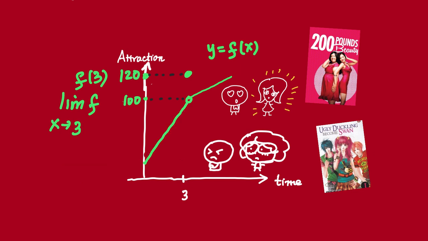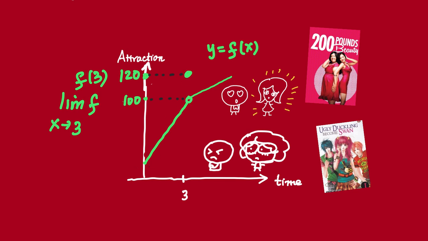Now, if the left limit and the right limit at 3 are equal, then f is said to have a two-sided limit at 3, and we usually just say f has a limit at 3. In our picture here, the limit of f at 3 is equal to 100. What happened here is he had a crush only in one single moment, one single instant, right?